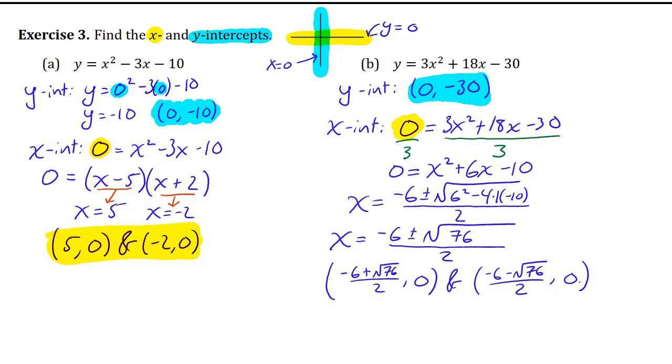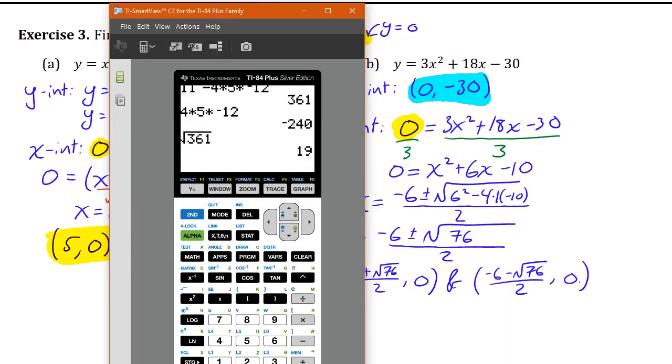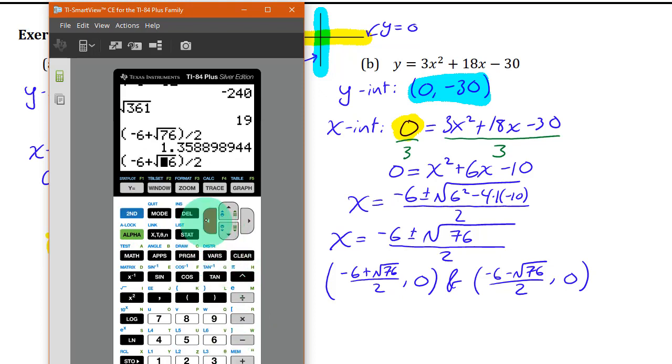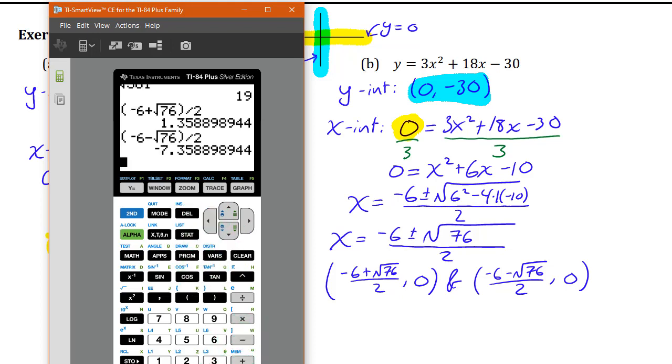Or you could do it with a calculator. Let's do that real quick. All right, so we get 1.36 and negative 7.36.